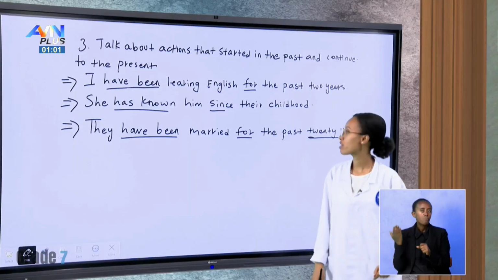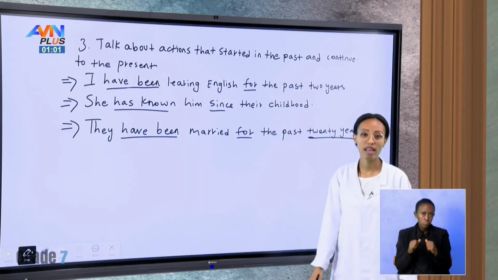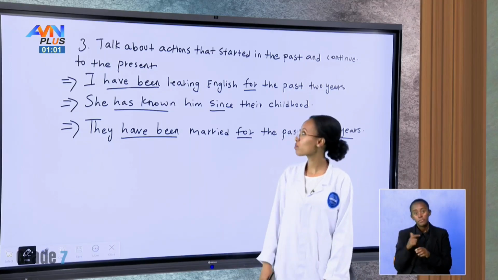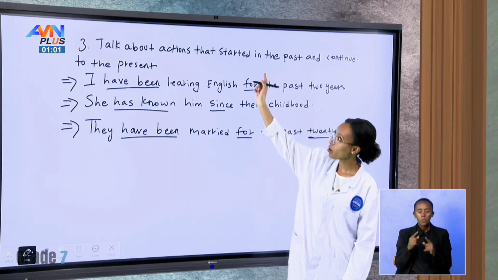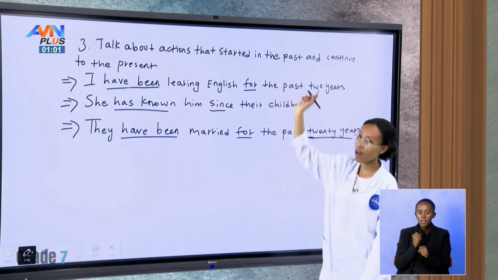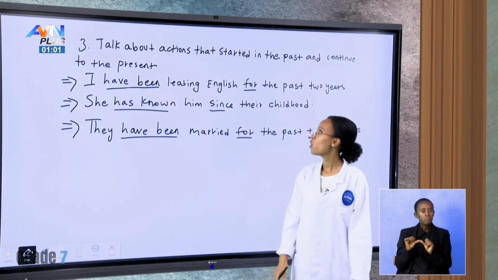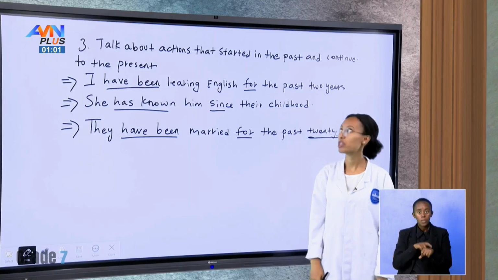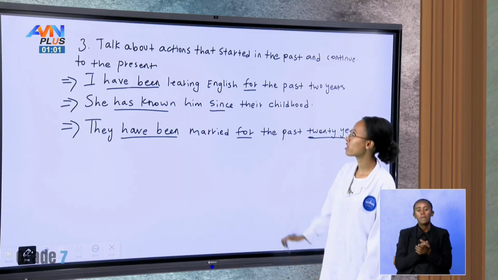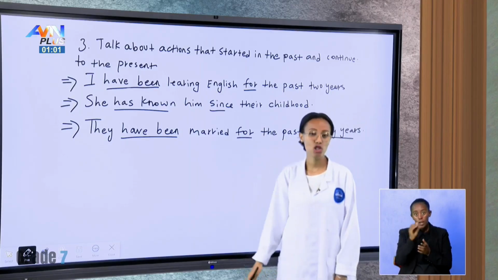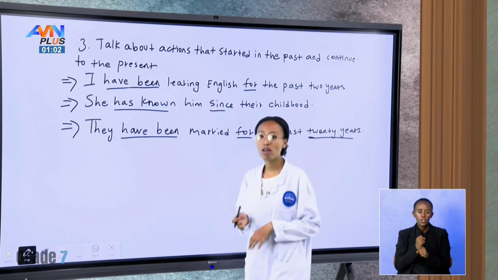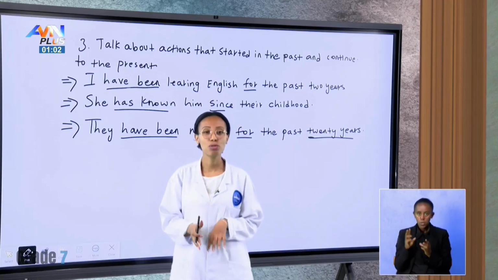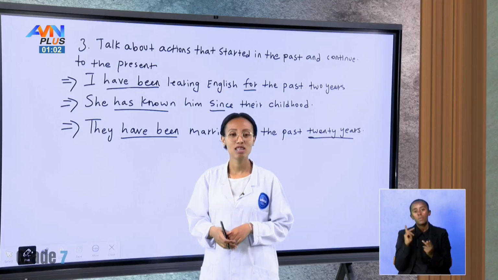So again, another time indicator expression, since, for. When we talk about an action that started in the past and still continues, we use the common time expression indicators, for and since, to show continuation of an action. So these are the 3 ways you could use the present perfect tense in different situations.